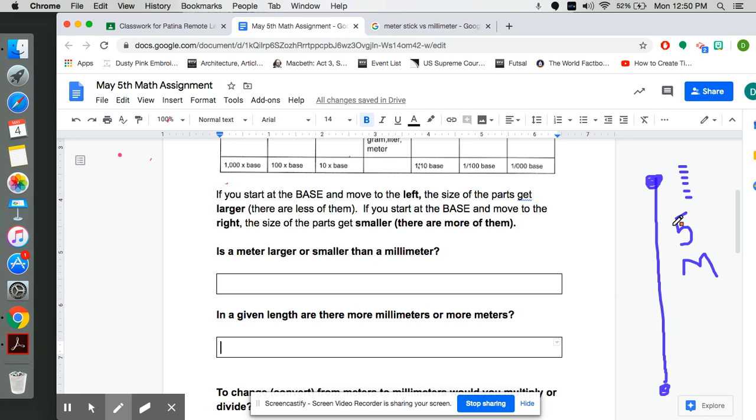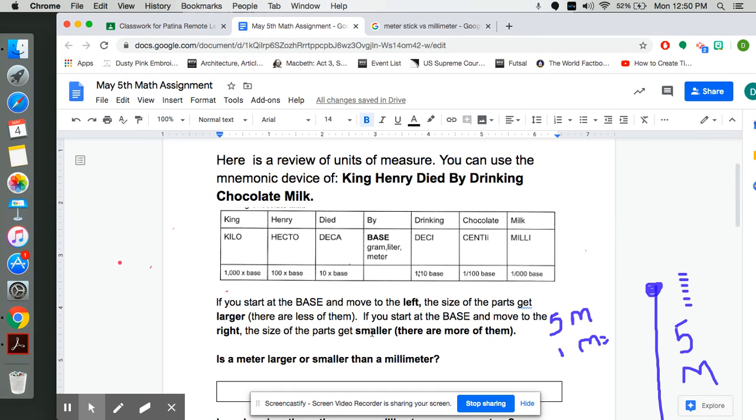Whereas I have 5 meters here, and in 1 meter, there's 1,000 millimeters in 1 meter.